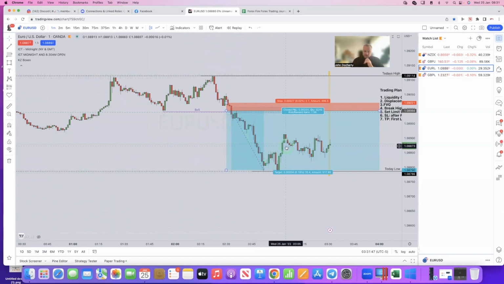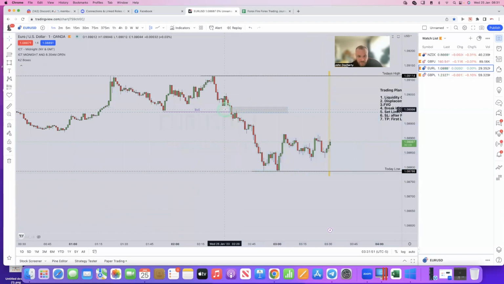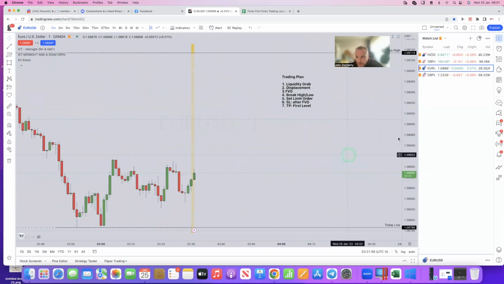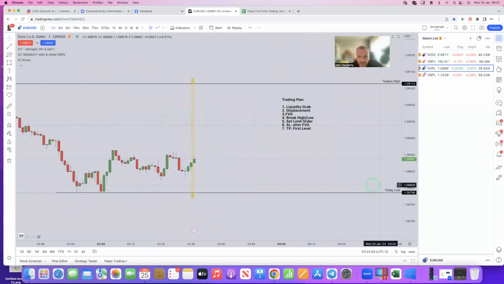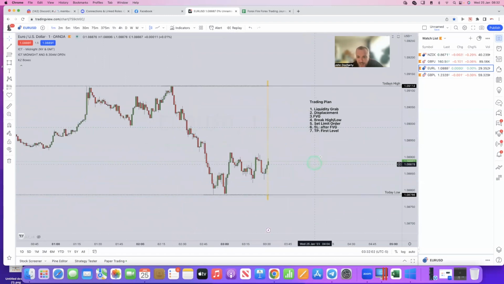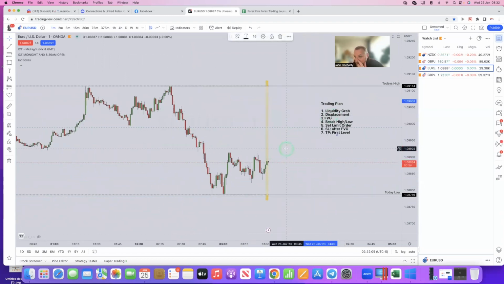Okay. Now at the moment you can see, let's get rid of this. You can see the yellow box is starting to form. So we are now into the London kill zone. Okay.